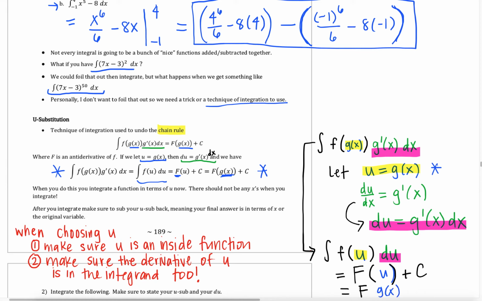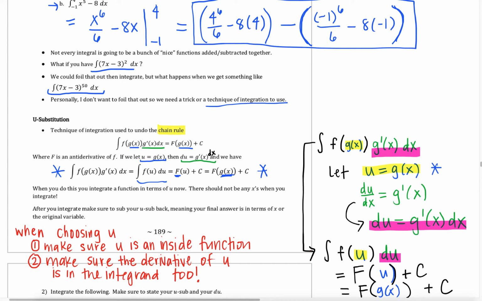So we'll end up with our antiderivative of g of x plus c as our final answer. So our goal first is to replace all the x's in terms of u. Then we will integrate. After we integrate, we will substitute back any values for u so that we're back in terms of x, which was our original variable.